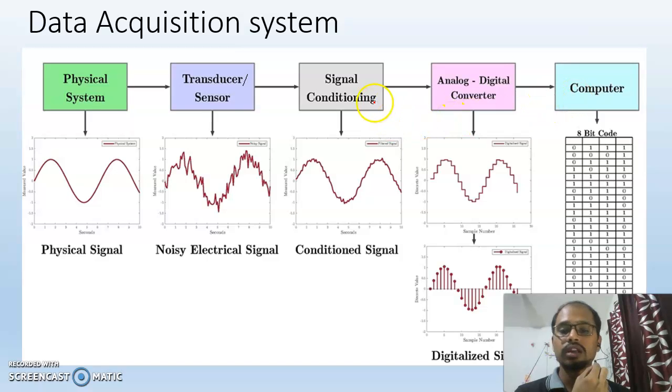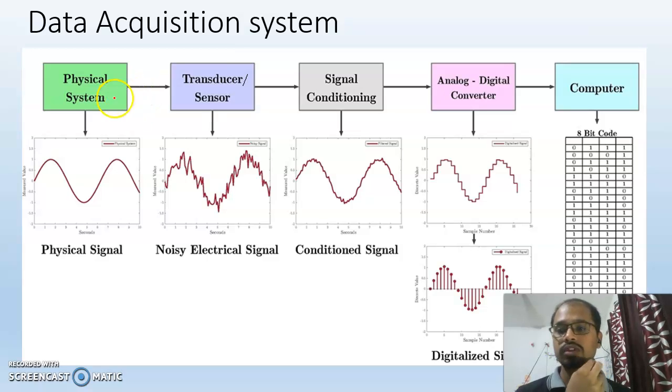If the signals are already digital after the signal conditioning unit, they are given directly to the computer. The computer will store the output data of the system. This is how the processes are done in a data acquisition system.